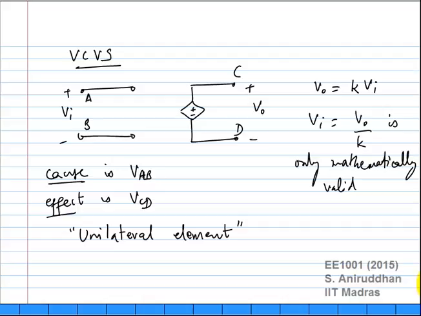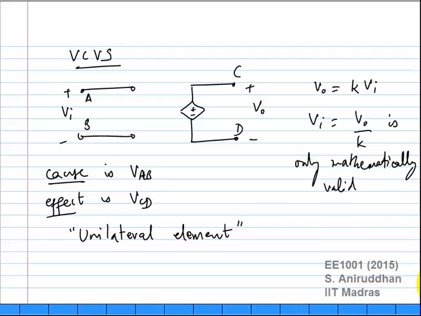For example, if I take a voltage controlled voltage source, where the K value is 10, and I observe a voltage of 10 volts across C and D, what is the input voltage? This is the problem of analysis. Of course, only if you apply VO by K will you get a voltage of VO at the output.